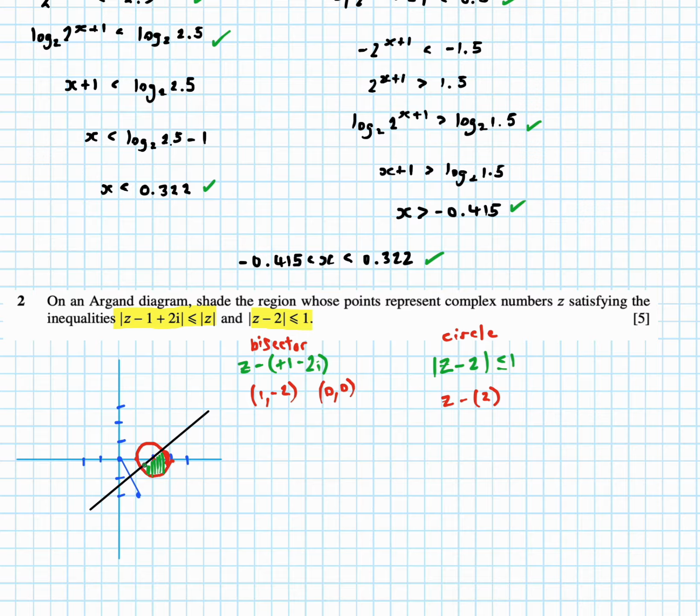So what are we shading here? We're shading in there. Shade the region that represents that. Let me just show this though, as I said. So I'm rewriting it with x plus iy. So that's the first highlighted yellow part there. You can see there in black. And now I'm just rewriting it out.